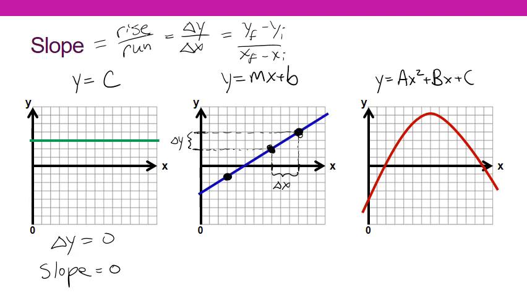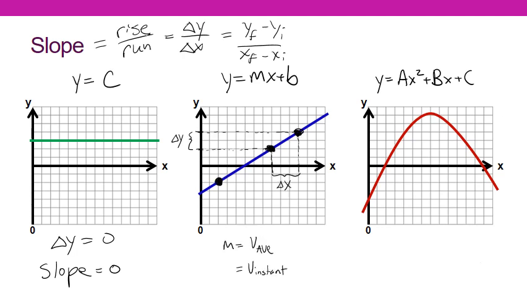So in this case, if our slope was our average velocity, then that is also equal to my instantaneous velocity. Now this is only so long as this is a linear graph.